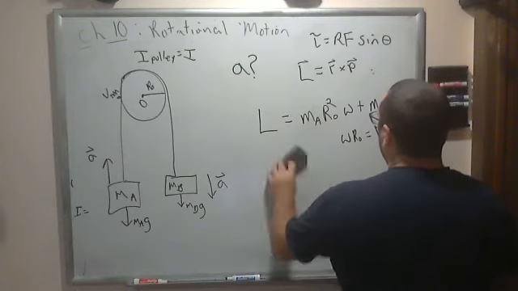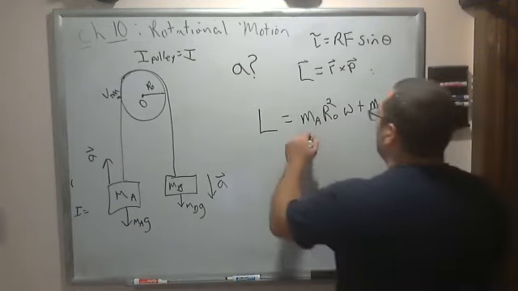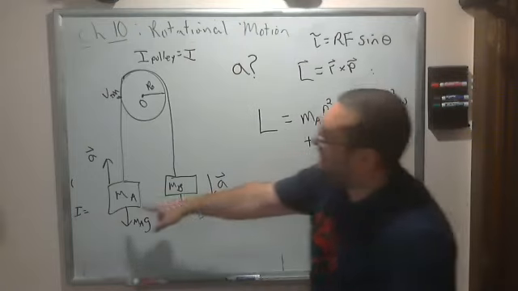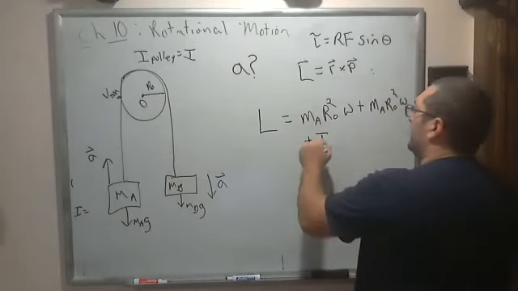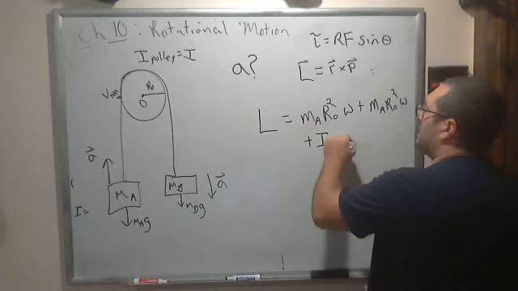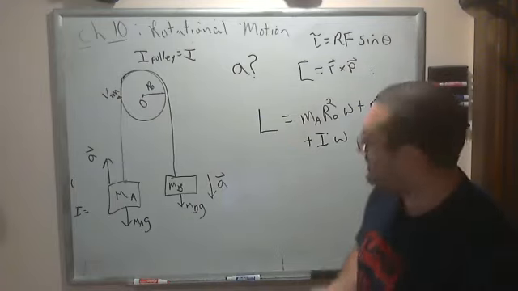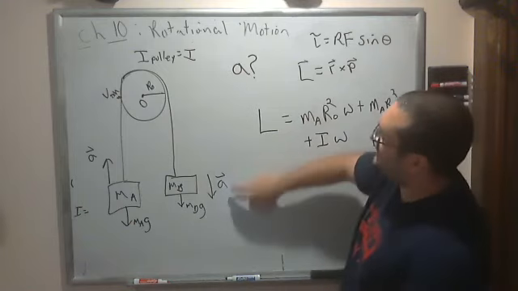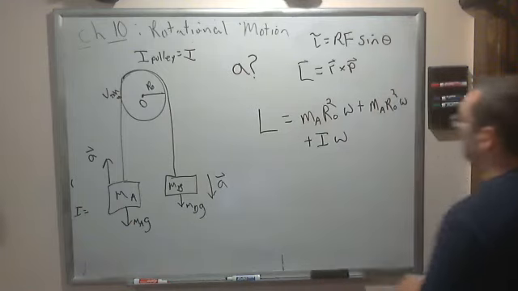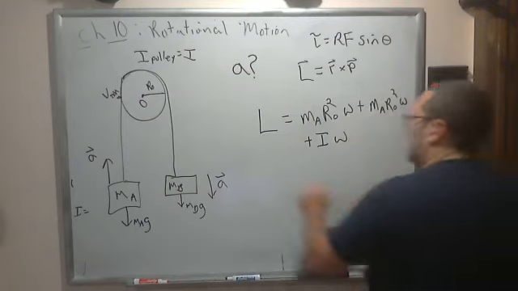Oh, hold on, there's more to this equation that I didn't add yet. Besides the angular momentum of these masses, we also have the angular momentum of the pulley, which is I times omega. Now we plug in the velocities for each of these omegas.